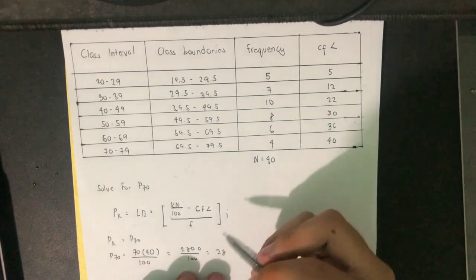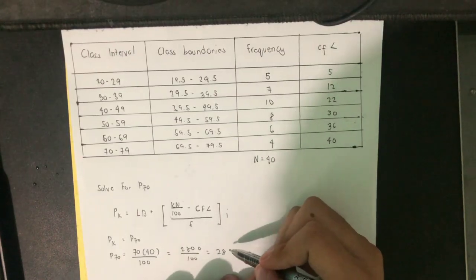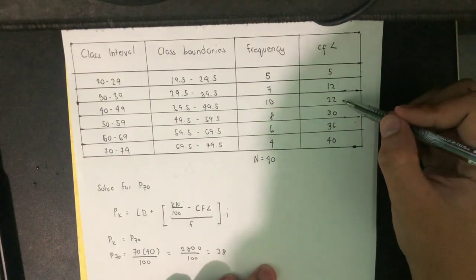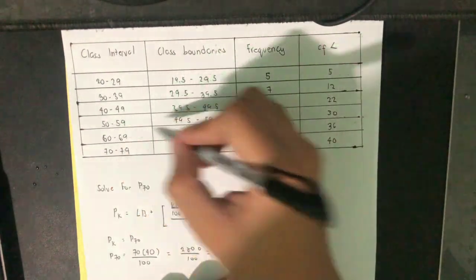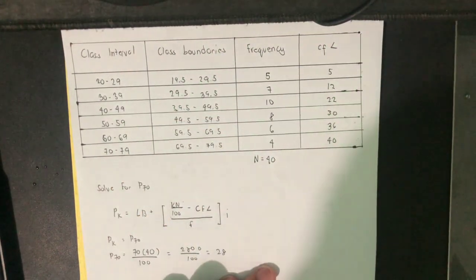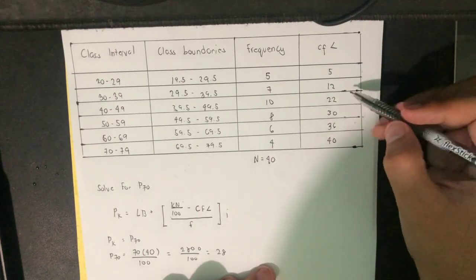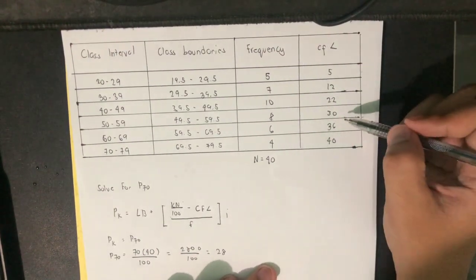So our class row should be either 22 or 30, so in this row or in this row. The closest cumulative frequency should be 22 or 30.